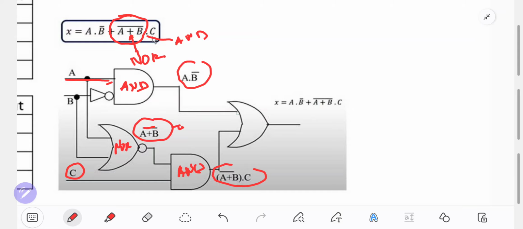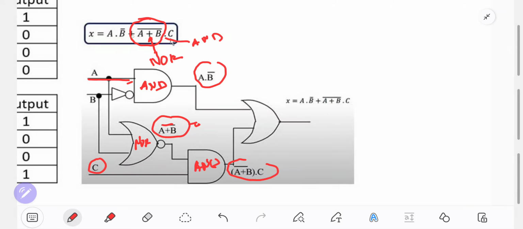And finally we use the OR gate logic, you can see here plus is OR, and we combine this input and this, and so the result is like this.